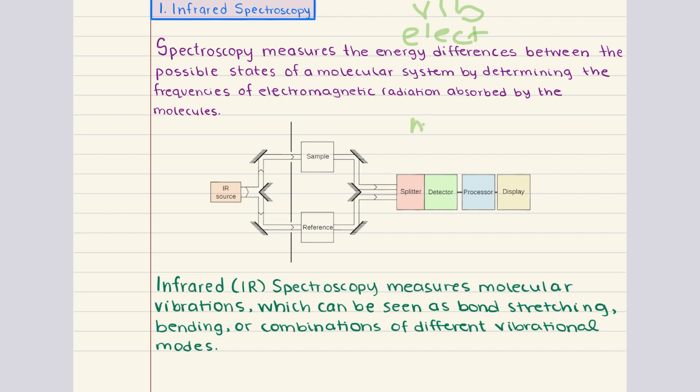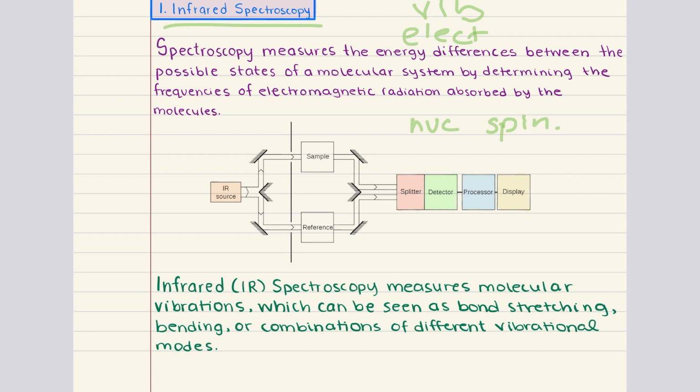Finally, we will look at nuclear spin transitions, which take place in magnetic fields, and they are the basis for NMR spectroscopy.